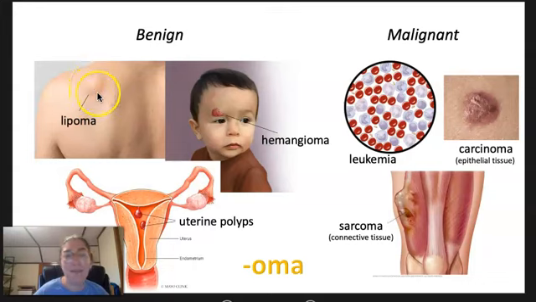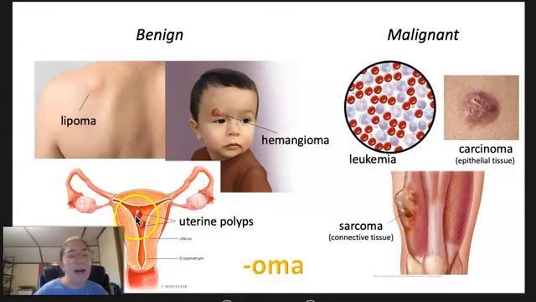Sometimes it can press up against nerves or muscle tissue and cause discomfort or pain, and then it can be surgically removed. Hemangiomas, these are common birthmarks, but also can form on adults. Usually we call them cherry hemangiomas, these tiny little red spots that almost look like red freckles. And these are just outgrowths of blood vessels. And again, they are benign.